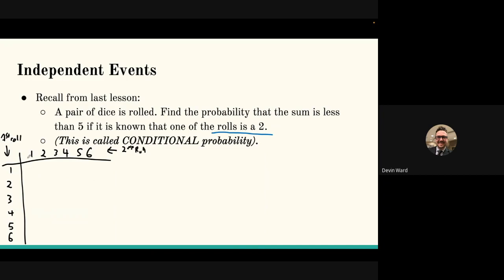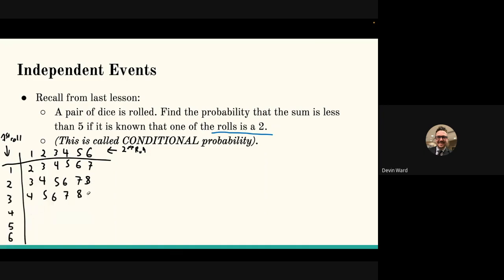Okay, so if we roll a 1, then a 1, the sum would be 2. If we roll a 1 and then a 2, it'd be 3, 4, 5, 6, 7, then a 2, and then a 1 would be a 3. 2 and 2 is 4, 5, 6, 7, 8. Oh, sorry, not 4.